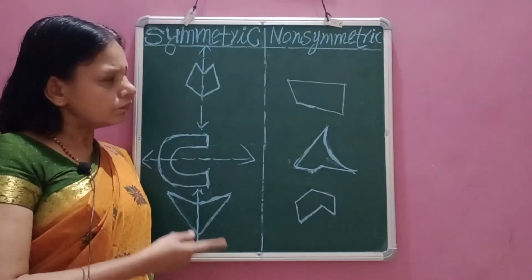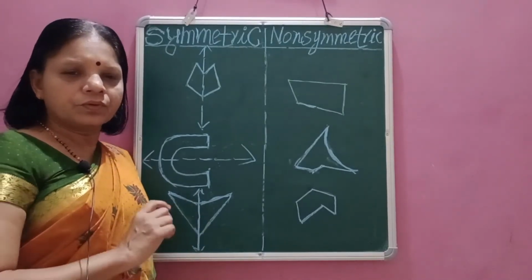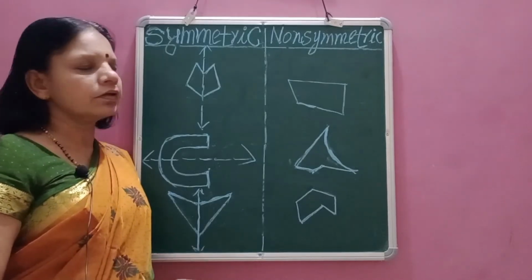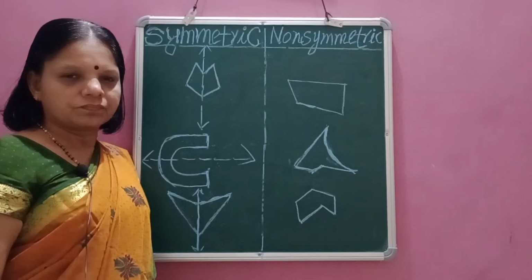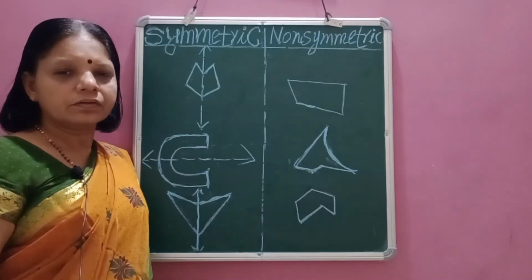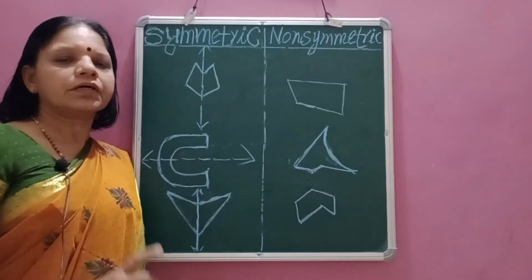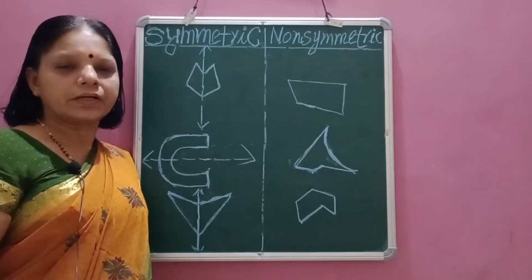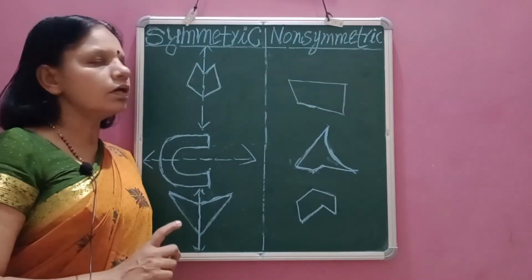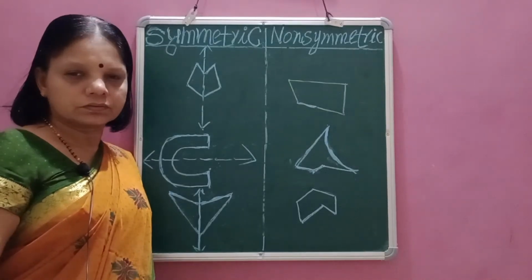And if there is no axis of symmetry, the figure is not symmetric. They are said to be non-symmetric. At least one line should be there that divides the figure into two congruent parts. Such figures are called symmetric figures.